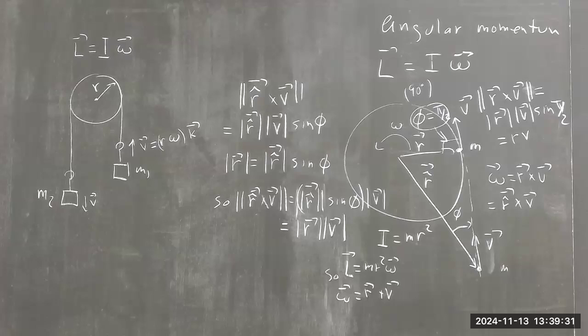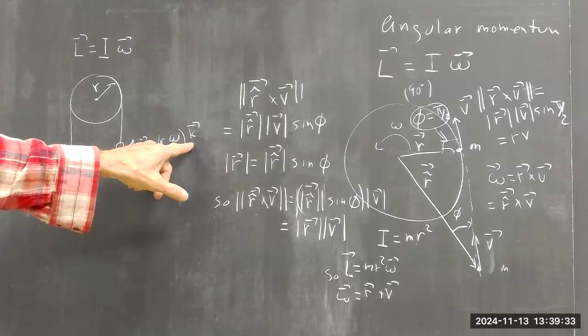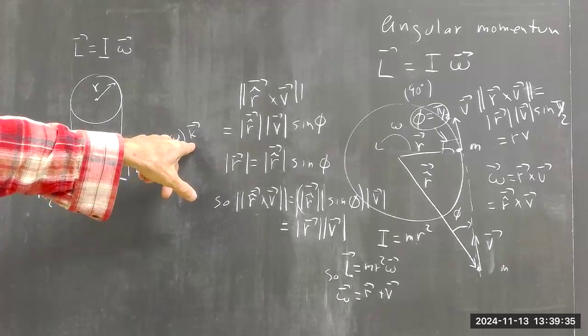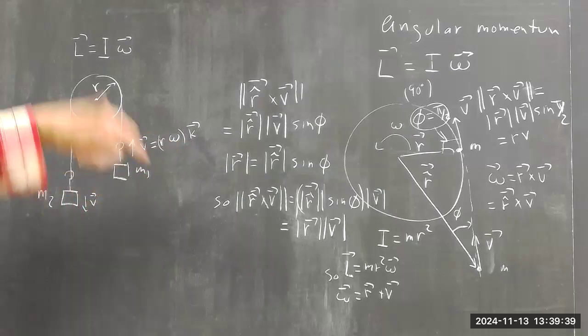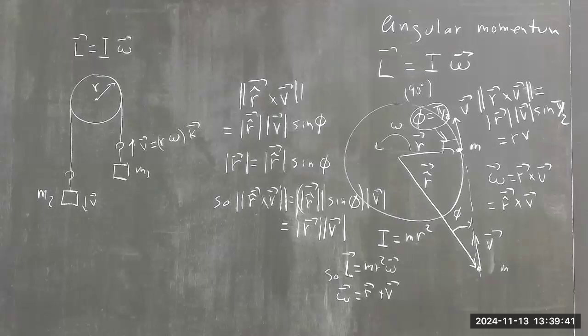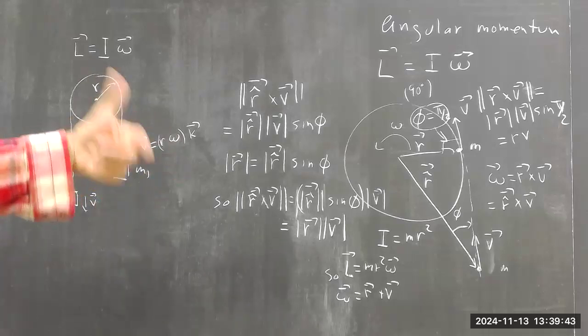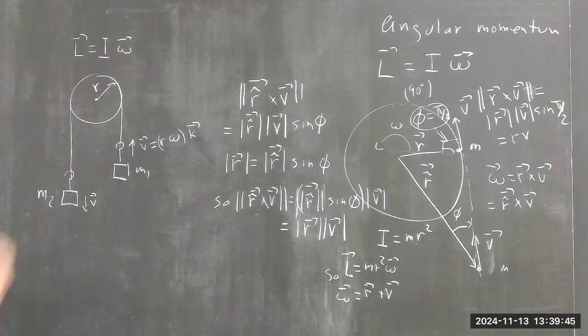Z is out of the board, so the k vector, the unit vector in the z direction, multiplied by r omega, gives you your velocity. Again, work that out if you don't understand it completely.